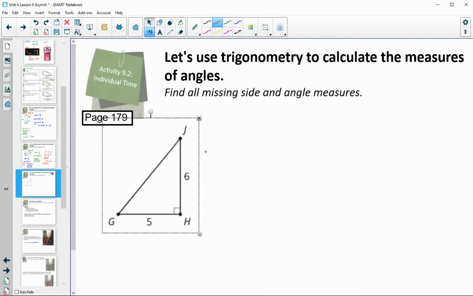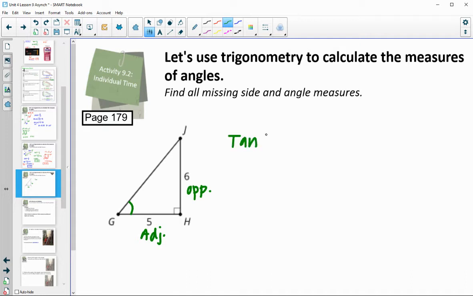All right, this one, very similar. So again, I'll just set up for either angle. So if I do G first, this is the adjacent side. The 6 is the opposite. And then the hypotenuse is missing. So we would be setting up a tangent function for G equals the opposite 6 over the adjacent 4.